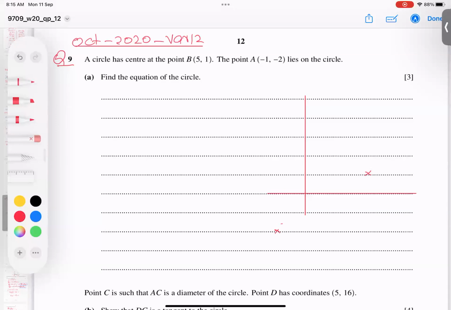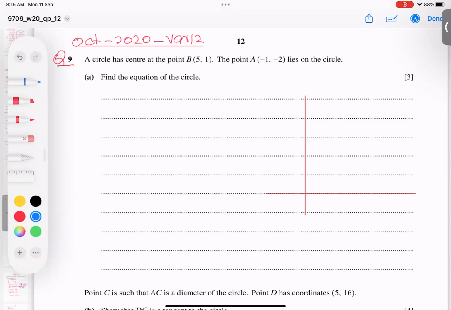Okay, 1, 2, 3, 4, 5, and this one up. So these two points are mentioned here. The center is (5, 1), and this would be a very big diagram, so I'm going to make it slightly smaller. First of all, I make the circle.